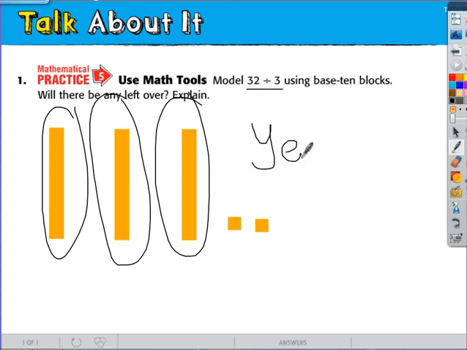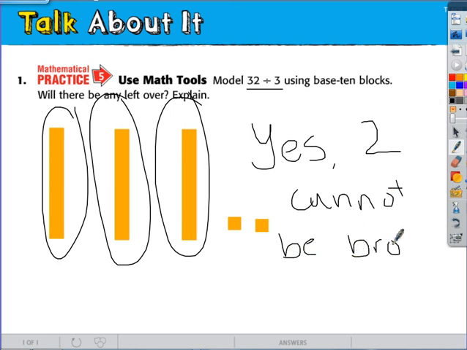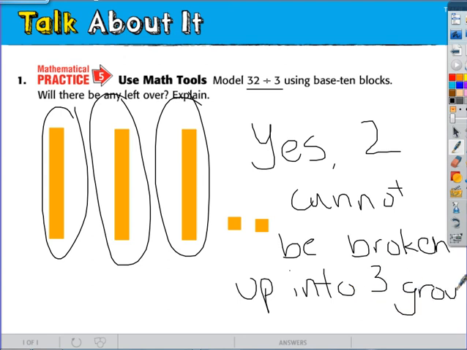Yes. 2. Because 2 cannot be broken up into 3 groups evenly.